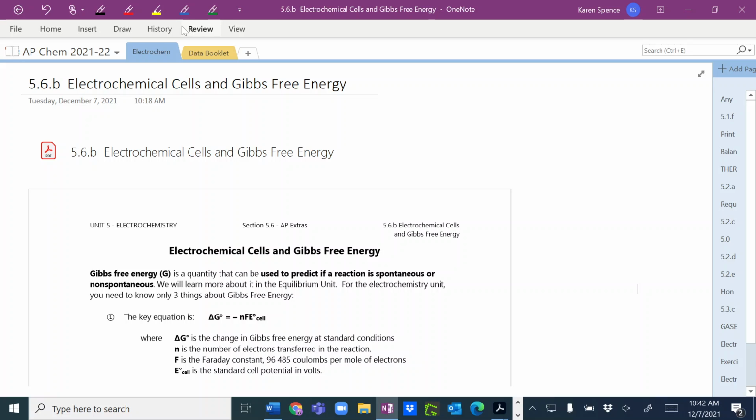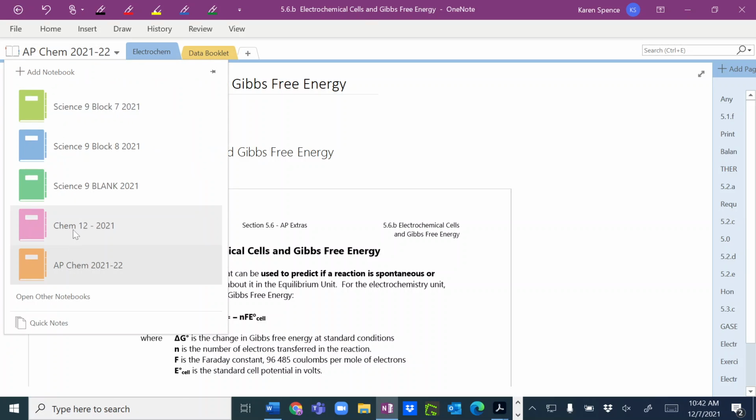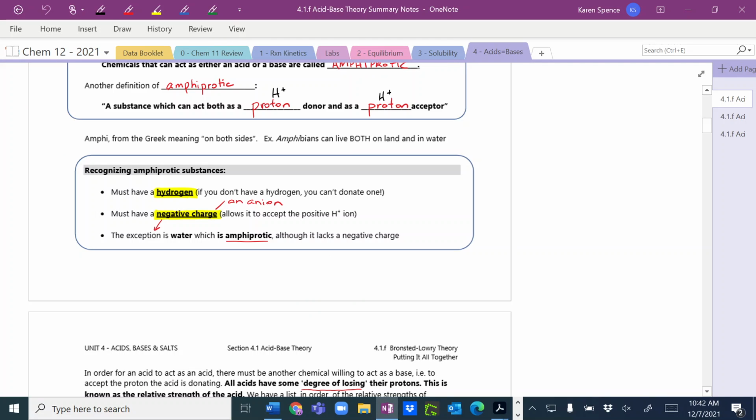Anyway, all right. We do not want electrochemical cells. That's my AP class. Oh, it's not plugged in, right? Thank you. Okay.